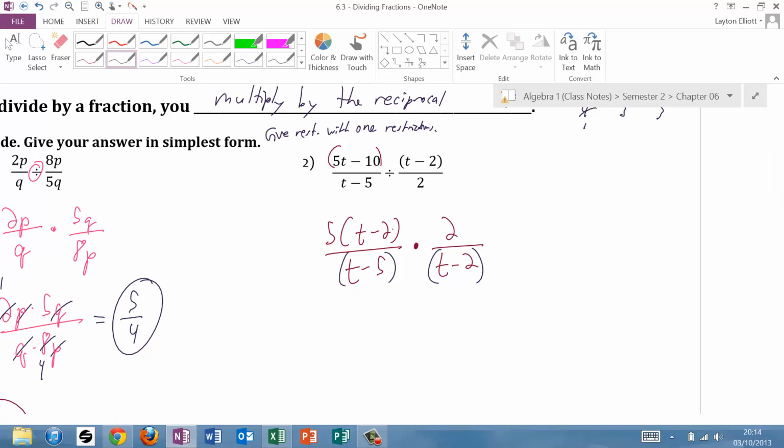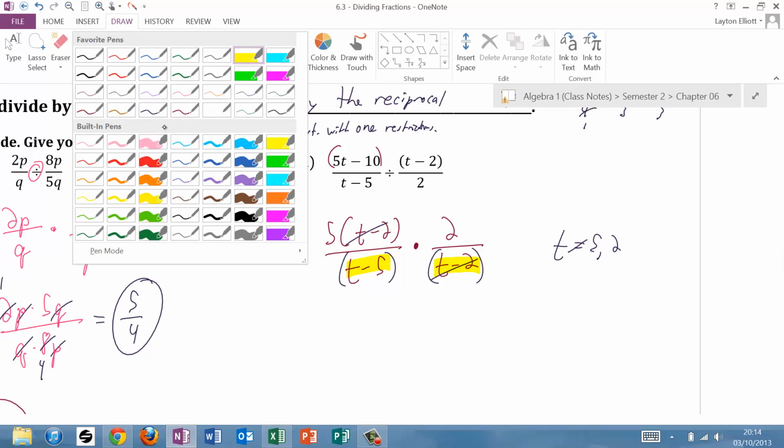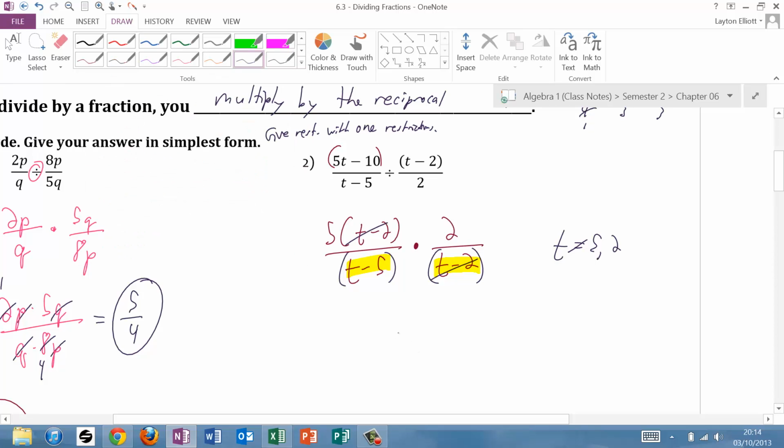So if I cancel the t minus 2's, t minus 5, right here I also have to say t is not equal to 5 or 2, because those are the two values that would make our denominators equal to 0. That actually occurred here and here. But then we go back to the problem and we say, okay, 5 times 2 is 10. That's going to be over the remaining t minus 5, and that's done.